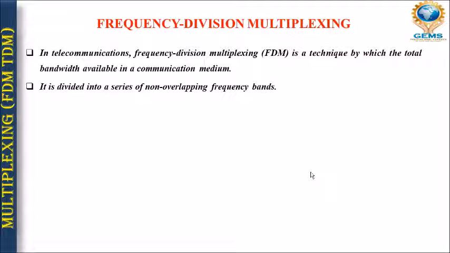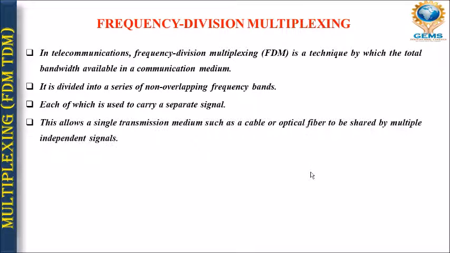There are several bands, and these bands should not overlap with each other. That is the best part of frequency division multiplexing. Each of which carries a separate signal. That means each of them will be entitled to carry a separate message or baseband signal.